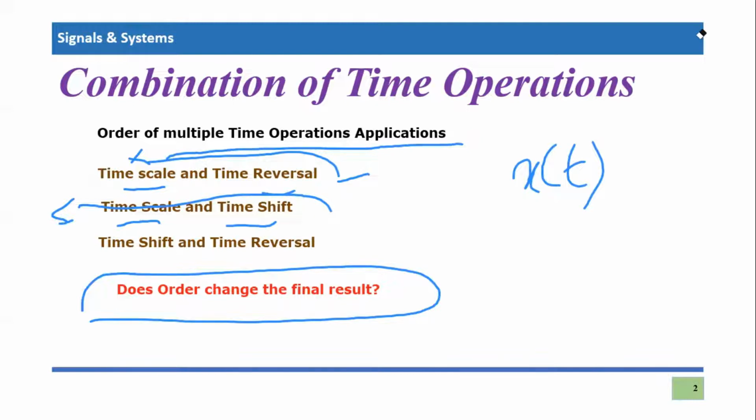Then we are going to check time scale and time shift in the two different orders, and then time shift and time reversal. And we're going to test this key question: will this change in order affect the final result or not? So let's move to these different combinations of time operations one by one, and then we will conclude our lecture.